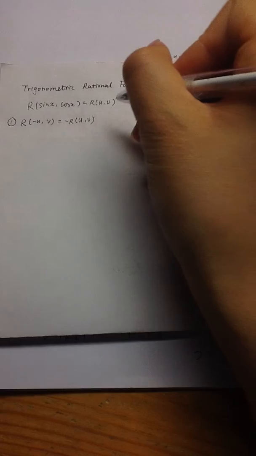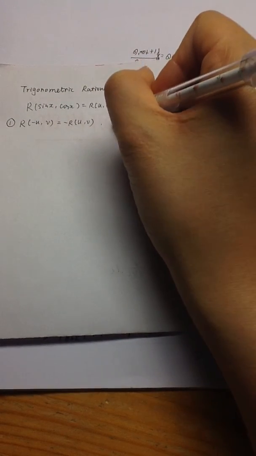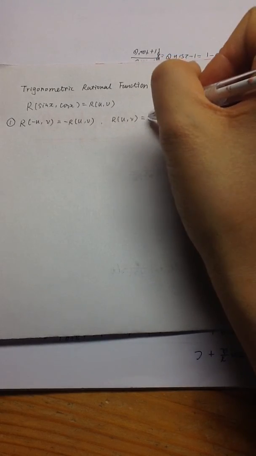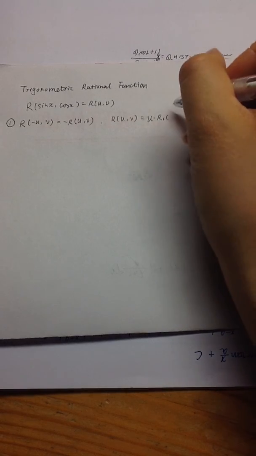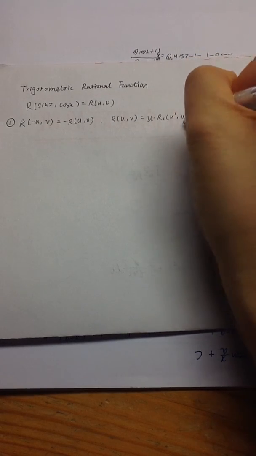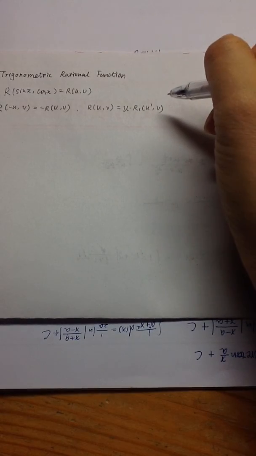So we can see that the R function is an odd function of sine x. Because the R function is a rational function, we can always factor the sine x out of the R function, and we get an R_E function, which is an even function of sine x.